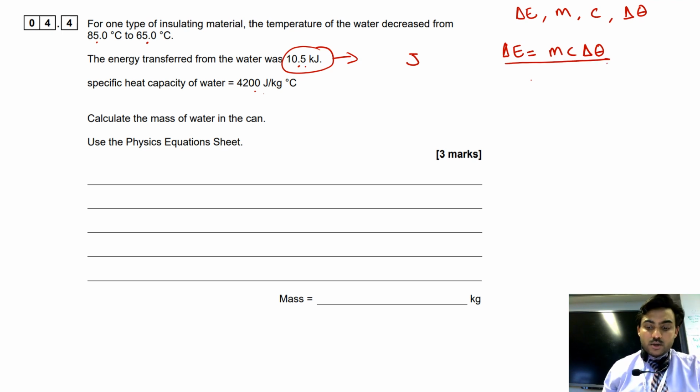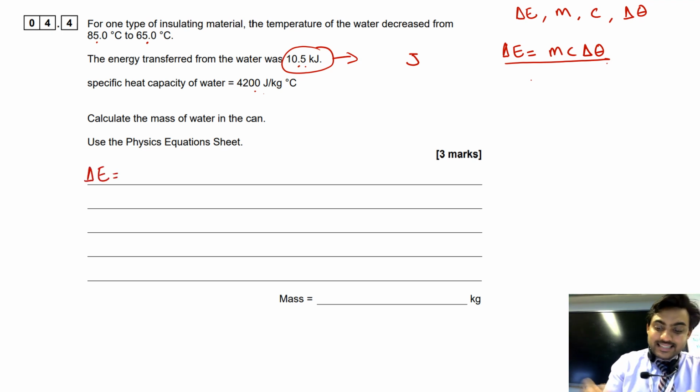The first thing to do is write down the data. All right, so change in energy. Do we have that? Yes, we do. It's 10.5 kilojoules. To convert kilojoules to joules, I times it by 1,000, so I get 10,500 joules. Fantastic.